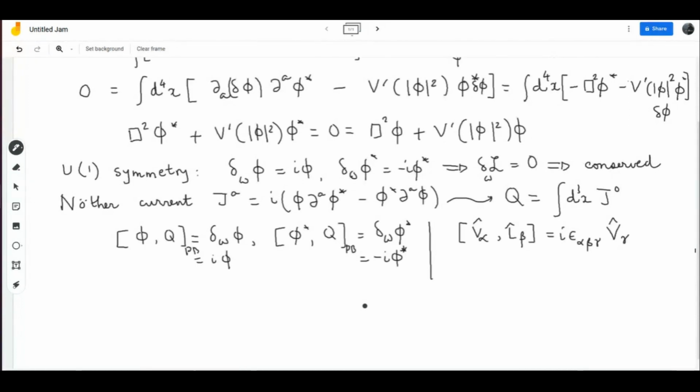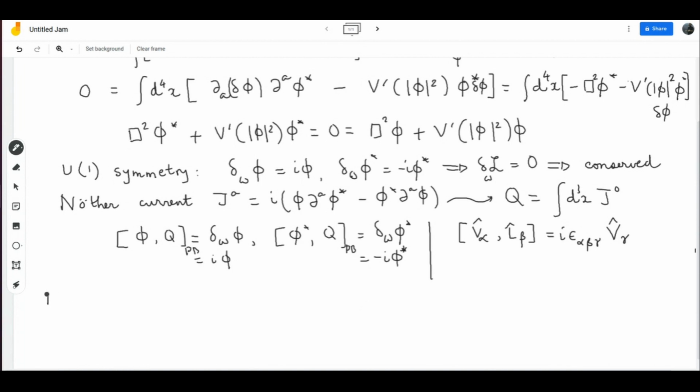Another way of saying the same thing is that our four-vector potential would be a probe of electric charge. So how it couples to this field φ and φ* would say whether these fields carry electric charge or not. Do you understand the physics? Is this okay?